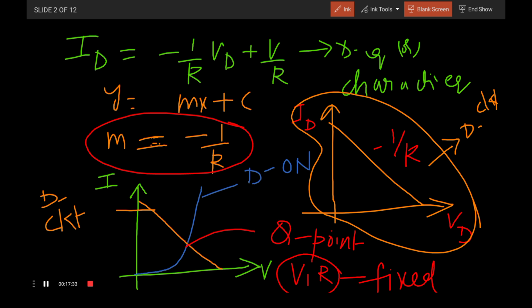Suppose we want to get the Q point. External biasing elements are needed, so a DC biasing voltage is also needed.